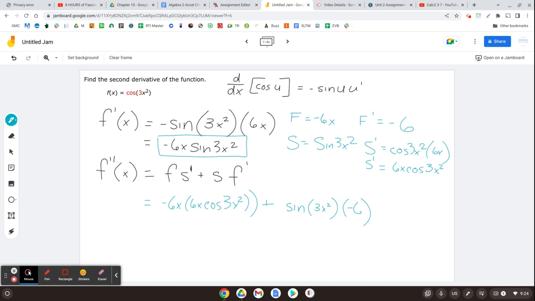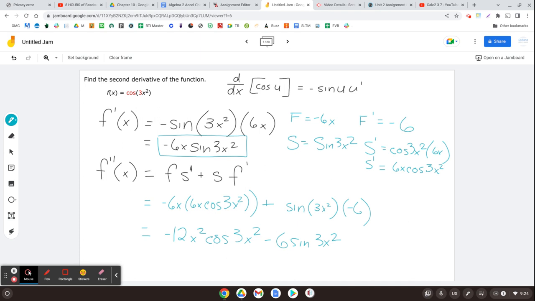Okay? So you get negative 12x squared cosine of 3x squared minus 6 sine of 3x squared.